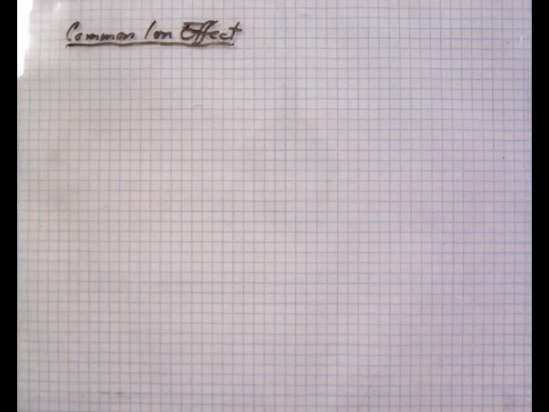We had one on the quiz today on common ion effect. Common ion effect is one of the ions of the acid or base undergoing dissolution, or salt undergoing dissolution, in whatever you're working with.